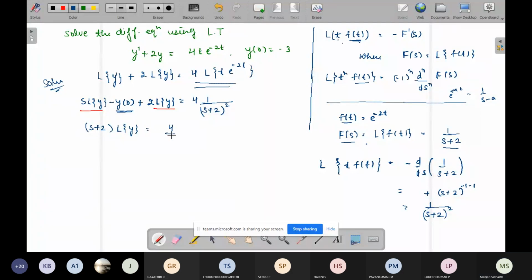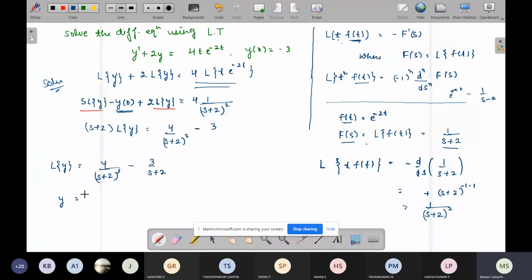That means 4 over s plus 2 whole square, and you will get here minus 3. So Laplace transformation of y is nothing but 4 over s plus 2 whole cube, minus 3 over s plus 2.